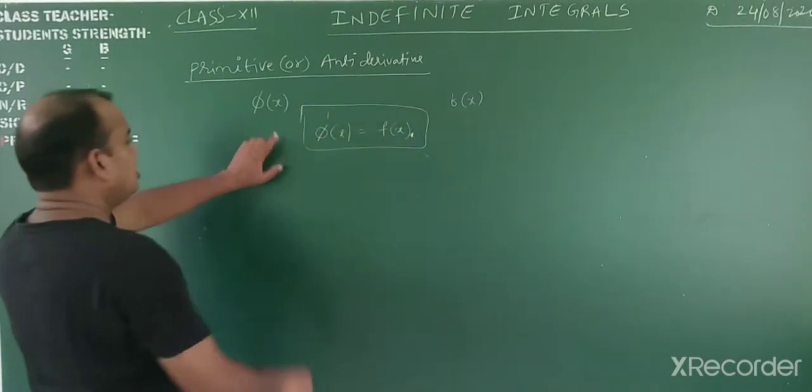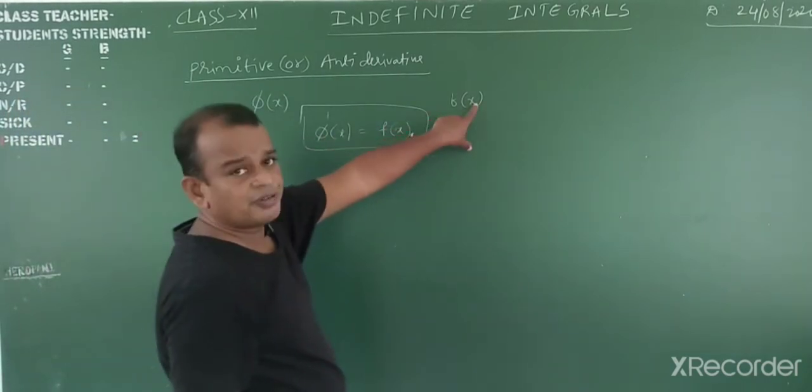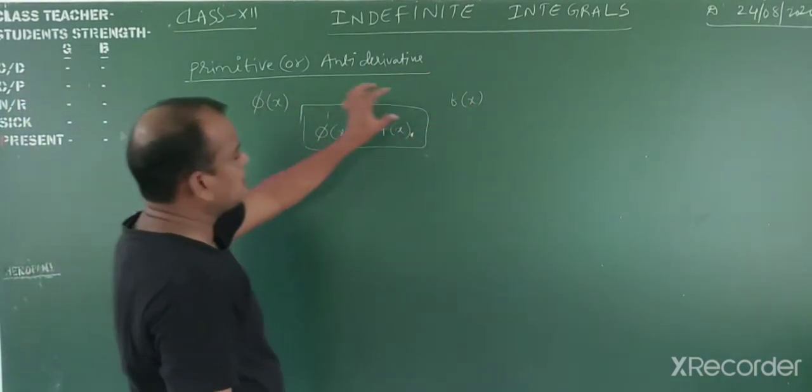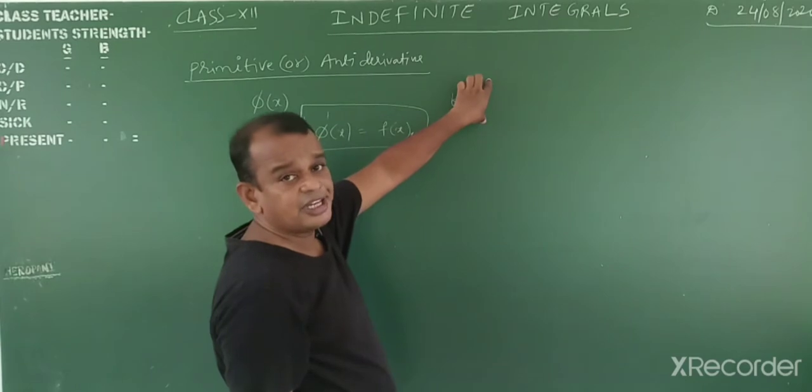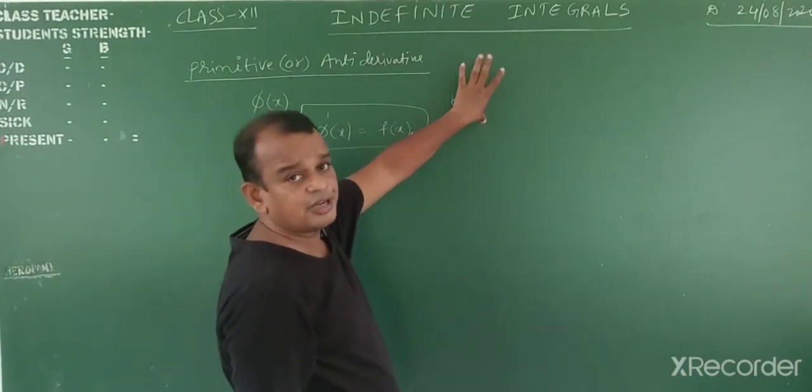Whenever the derivative of this function is equal to f of x, phi of x is called the primitive or antiderivative of f of x.